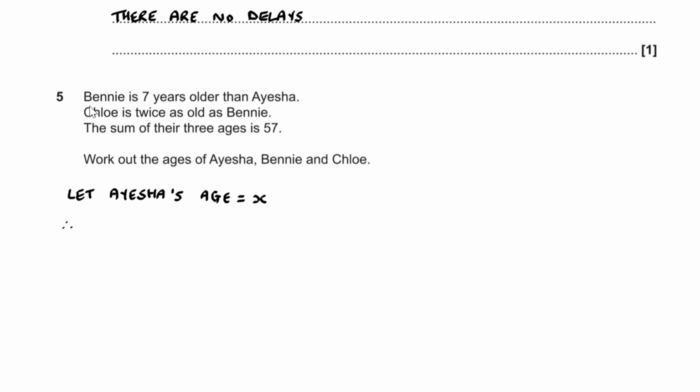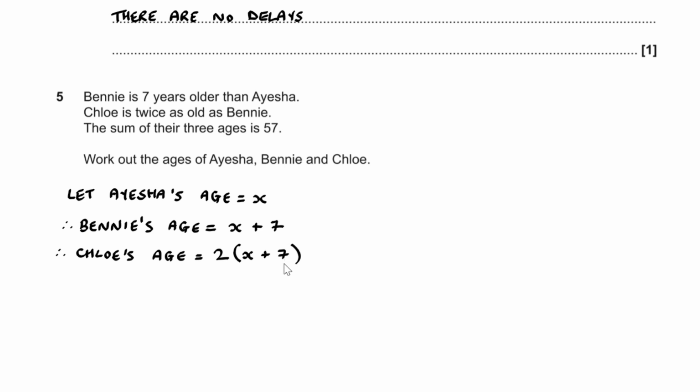you can see then if Benny is 7 years older than Aisha, then Benny's age is equal to x plus 7. And then Chloe is twice as old as Benny, so therefore Chloe's age is twice Benny's age, so we've got two lots of x plus 7.